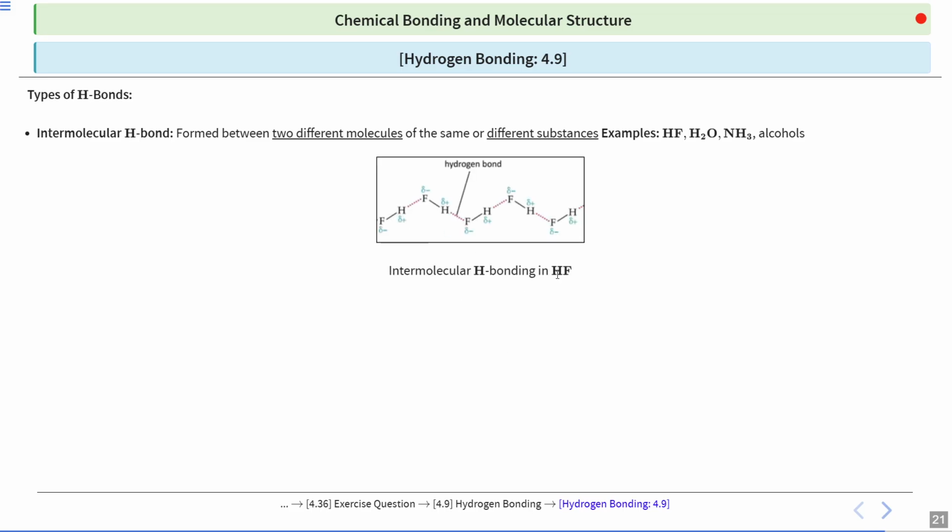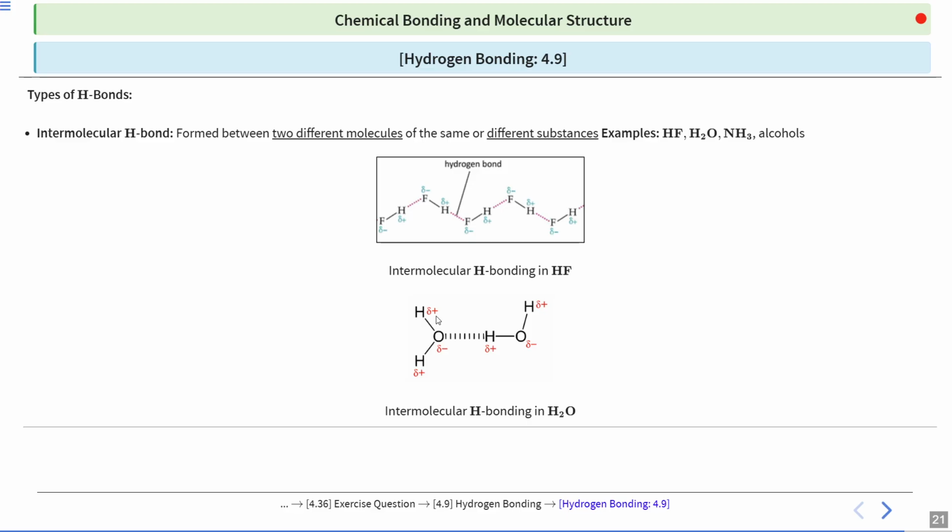Here we have already seen the intermolecular hydrogen bonding case, where one molecule is doing hydrogen bonding with the other molecule. No, chlorine will not be able to do so. If your hydrogen is attached to chlorine, it will not do hydrogen bonding. It is not possible. Similarly, in the case of water, the oxygen of one molecule of water interacts with the hydrogen of another molecule of water.